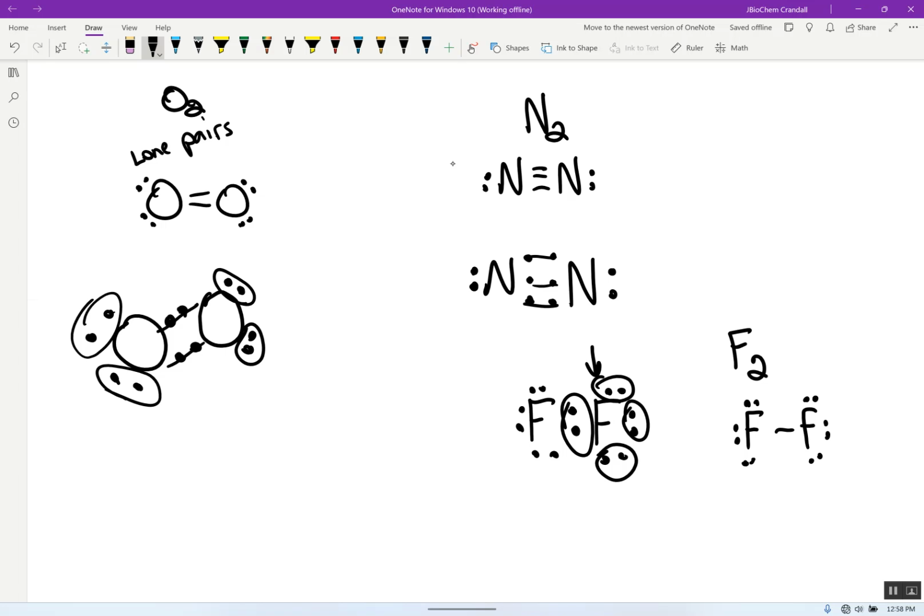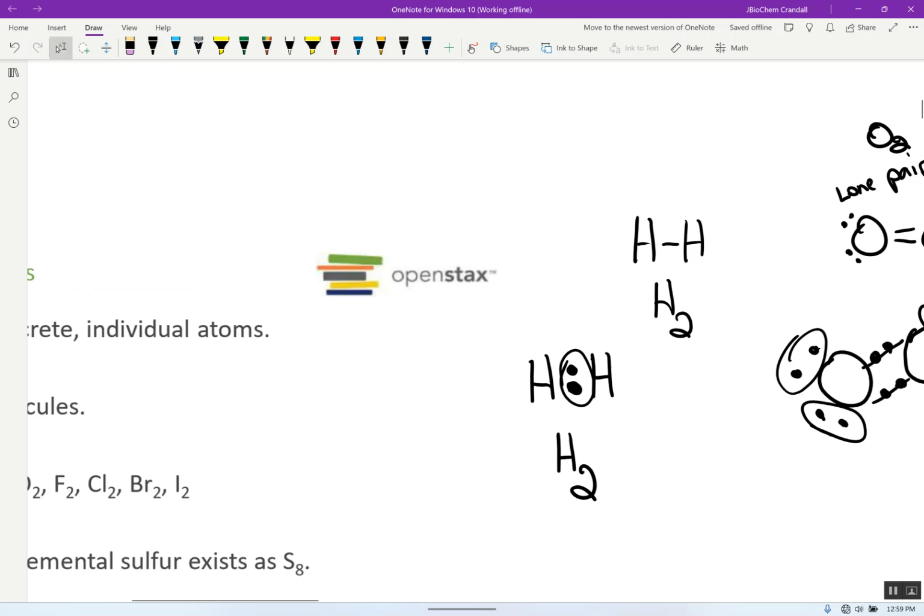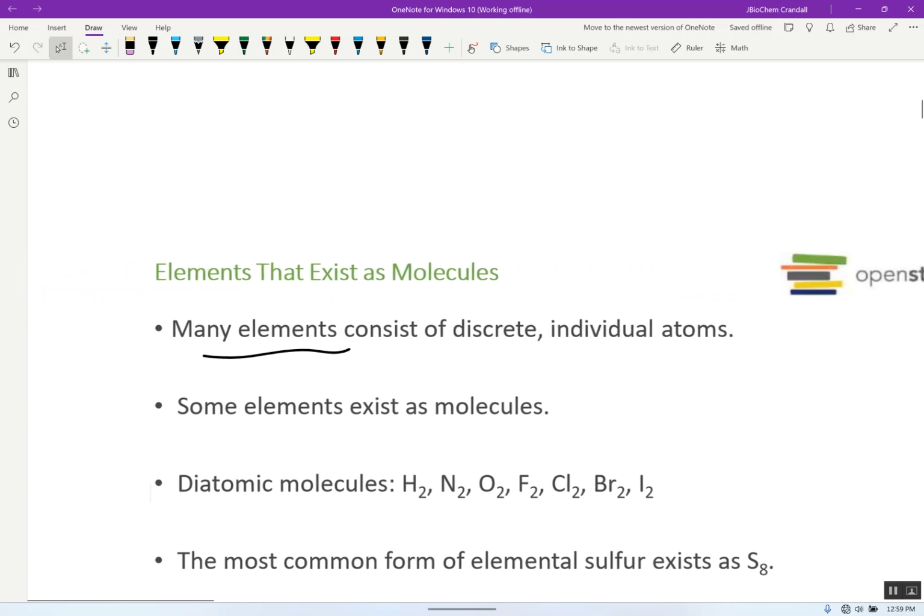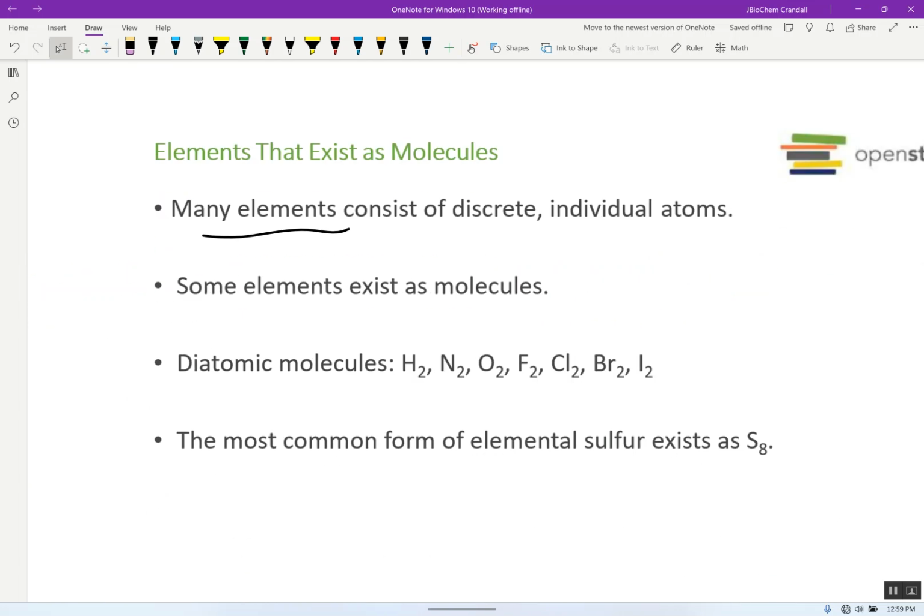Okay? Fluorine does not exist as a single fluorine. Oxygen does not exist as a single oxygen because they're not stable in that form. They need each other to become stable. That's why we have all of these diatomic molecules here. Diatomic H2, N2, O2, F2, Cl2, Br2, and I2.